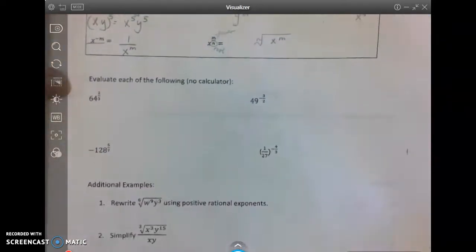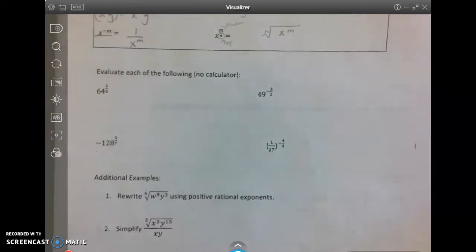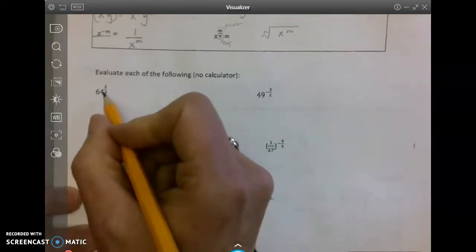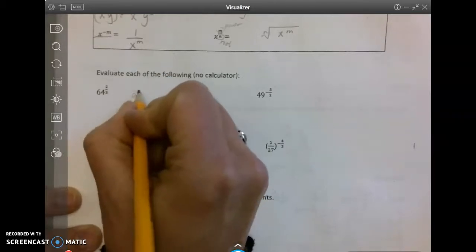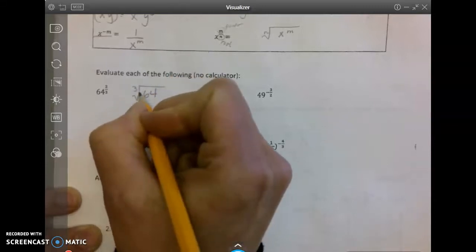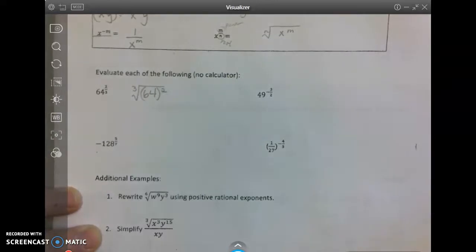So let's go to each one of these, and we are going to do these without a calculator, because the whole idea of these properties of exponents is to be able to apply them. All right, so we have the roots on the bottom and the powers on the top. So we are going to have 64 to the 2 thirds. Whenever we're trying to do things like this without a calculator, it's easier to make things smaller first before we make them bigger.